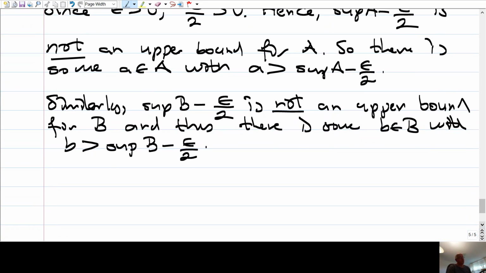Okay. Well, let's take these two inequalities.